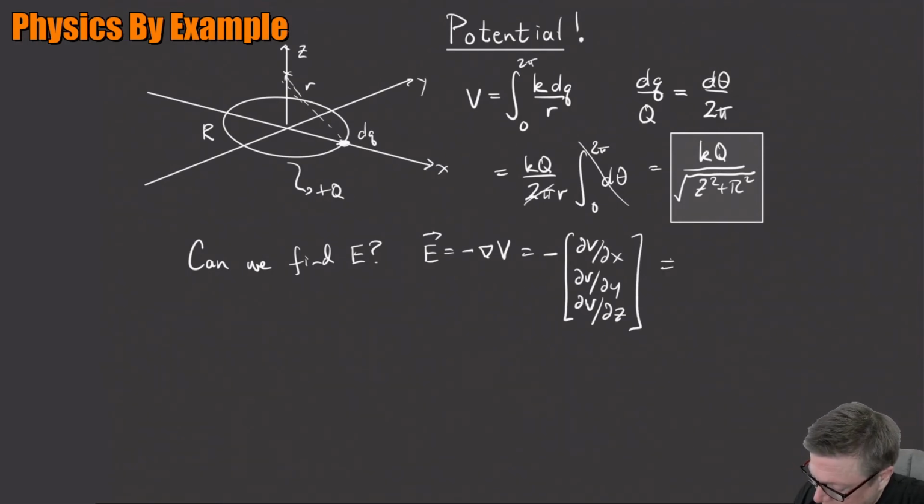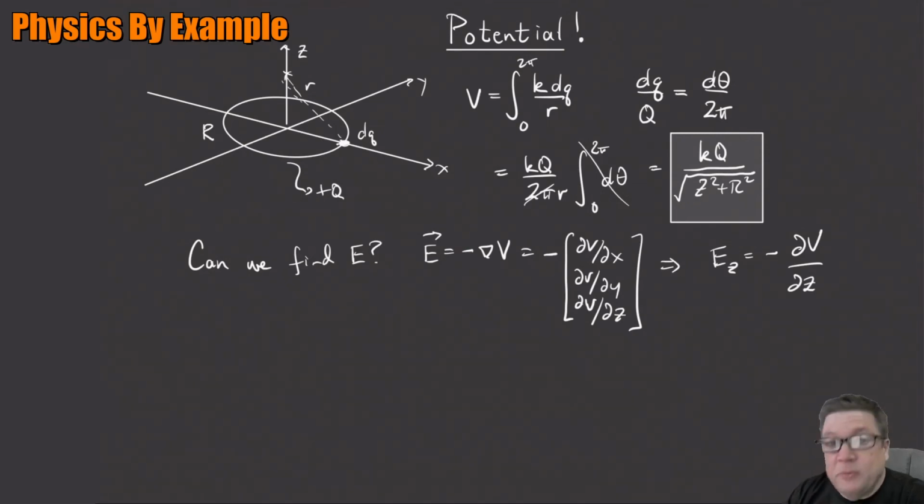We already know the electric field only has the z component. So Ez is just minus partial V with respect to z. If I know what V is, all I have to do is take the partial derivative with respect to z, and that gives me the z component of the electric field, which is the only component.